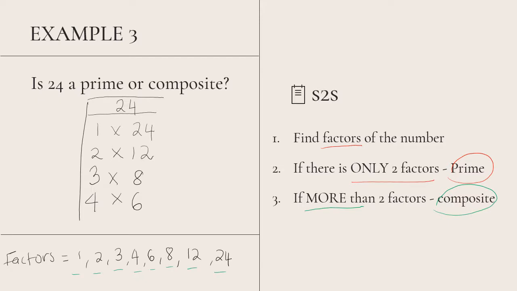So there are 8 factors of 24, and we are going to answer the question right here. Is 24 a prime or composite? Since there are 8 factors here, which is more than 2, 24 is a composite number.